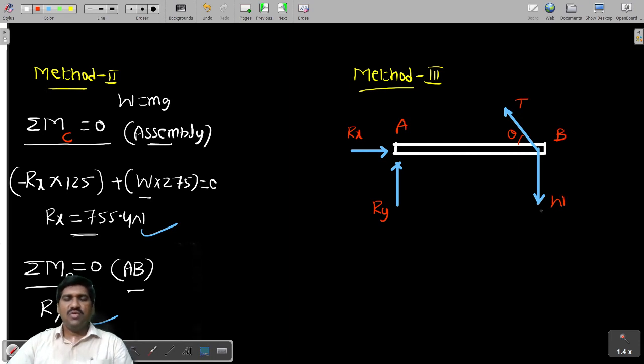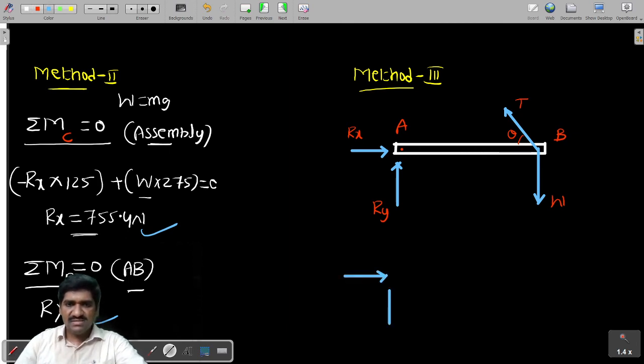Now I want to say one important point clearly. If you separate the point A only, what are the forces you will represent? One is Rx. Listen carefully to what I'm saying, this is a very important discussion. These are Rx and Ry, and this becomes what?